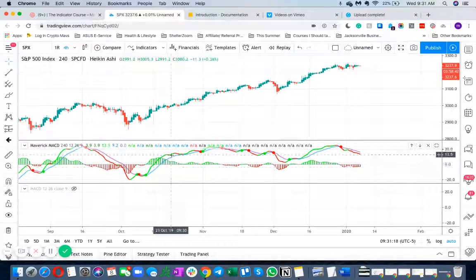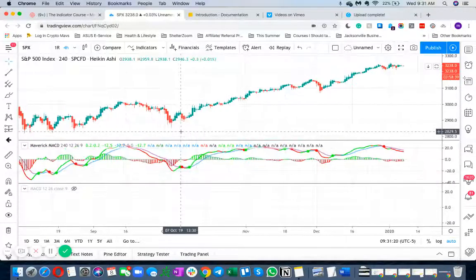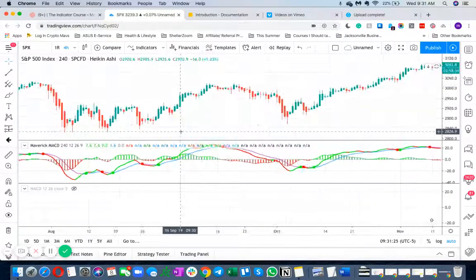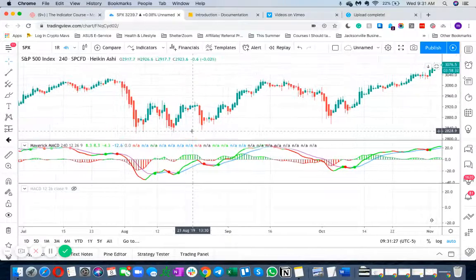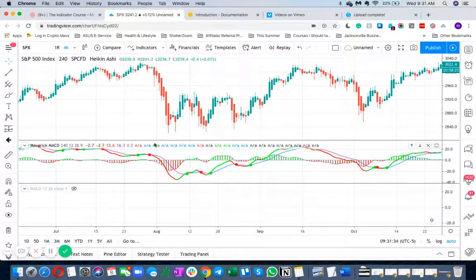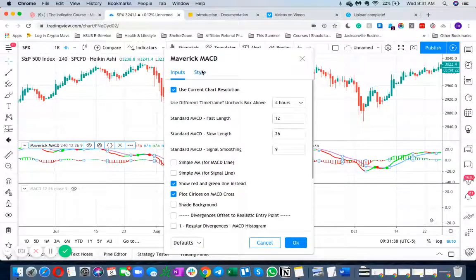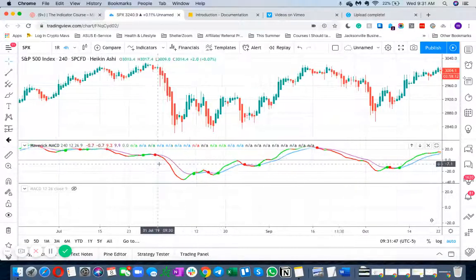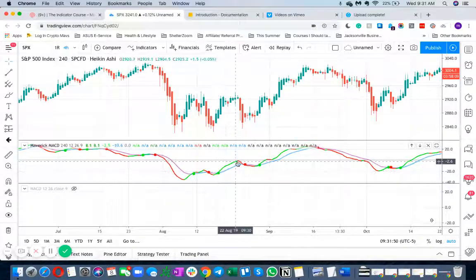Another thing I want to mention is the color of the line. The color of the line is not based off the histogram. It's actually based off just the slope of the line itself. Okay, this is a good example. So the slope of the MACD line has nothing to do with the histogram. I could even remove the histogram if I wanted to. What it does is it shows you if it's an upward or downward sloping line.